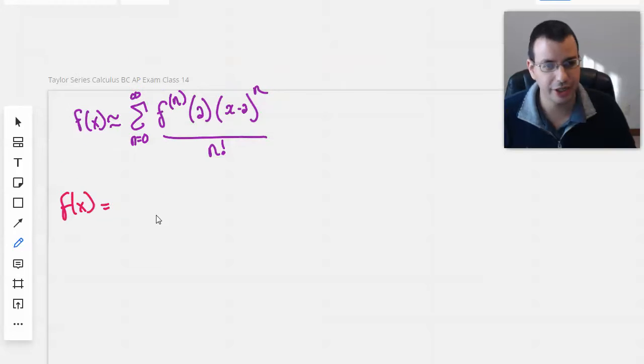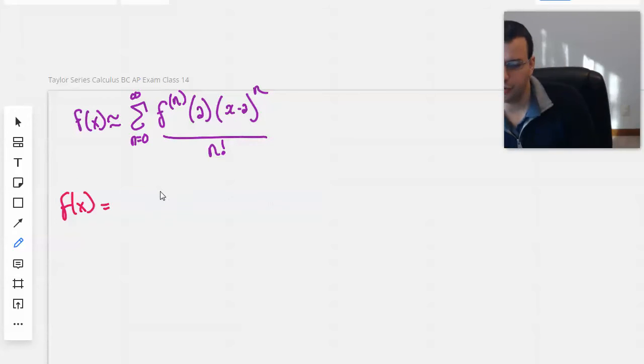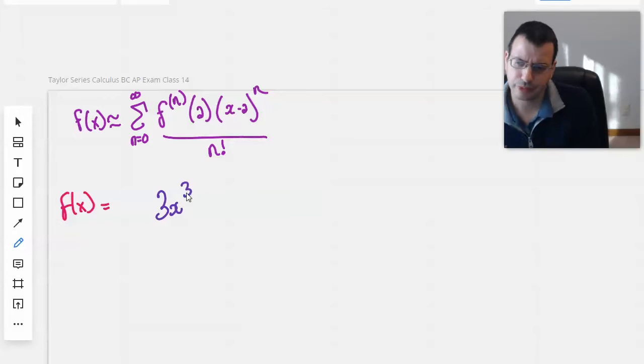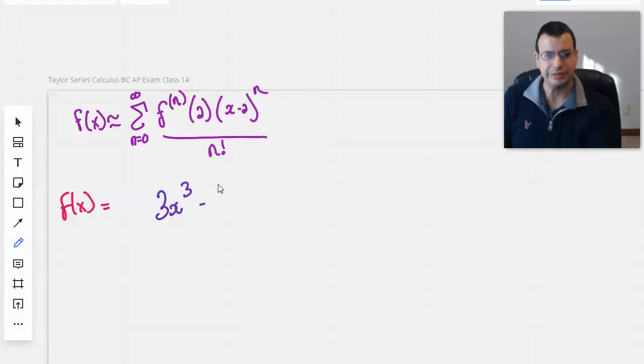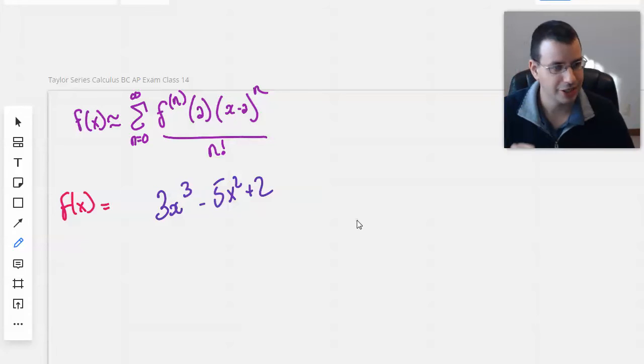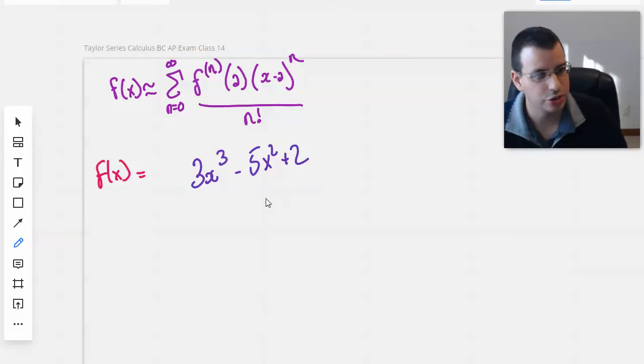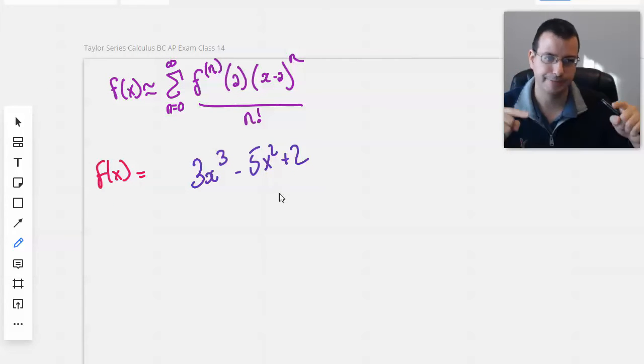So to give you a warm fuzzy, we'll look at another equation. So let's say 3x cubed, and we'll subtract 5x squared plus 2. I did not actually have that one pre-planned. We'll see if this works. So we should be able to approximate this using x squared and coefficients.